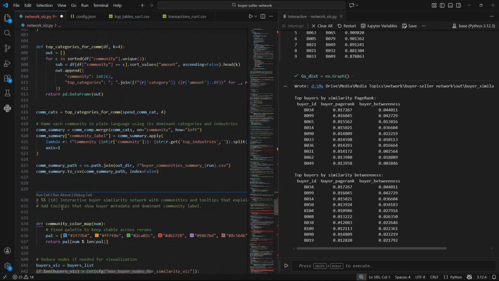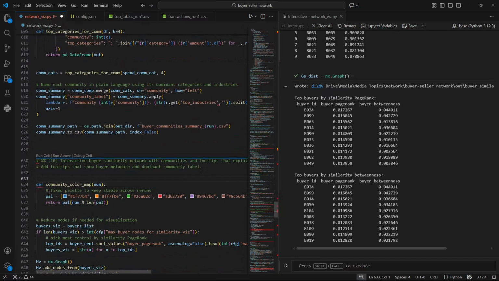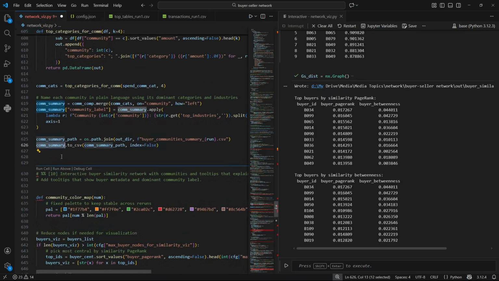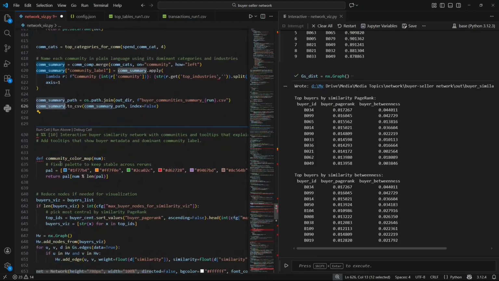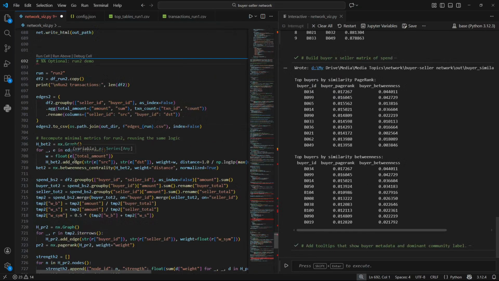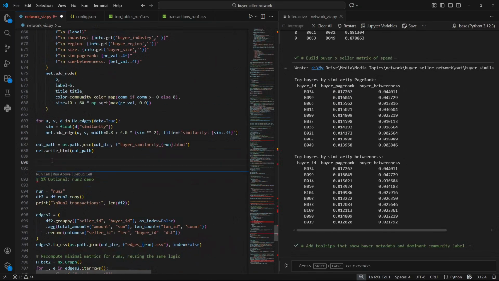So again, if you run this, that gives you essentially the summary buyer information data that you may want to have. And lastly, that is the visualization for the buyer summary similarity network itself, which now we're going to end up looking at, the final outputs that we wanted to have in different formats.